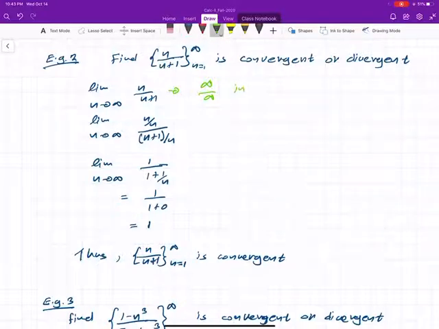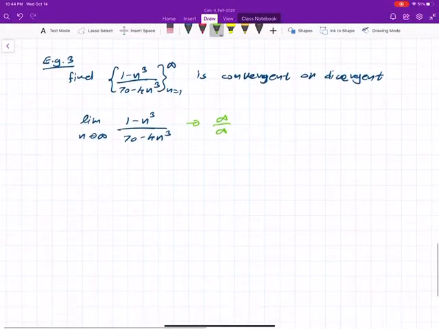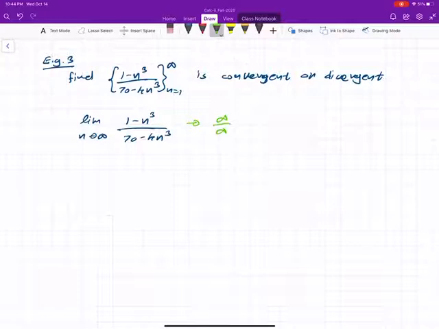This is indeterminate. Let me clean that. What I want to say is it's indeterminate. So here also this is indeterminate.